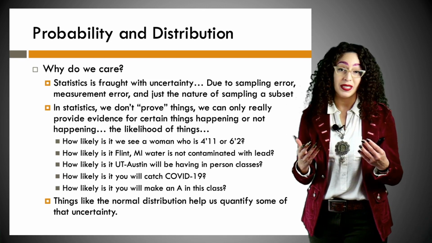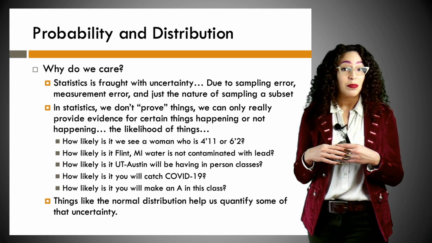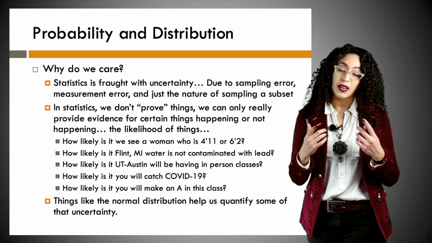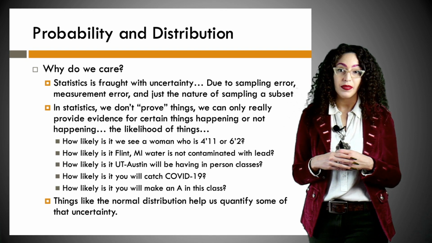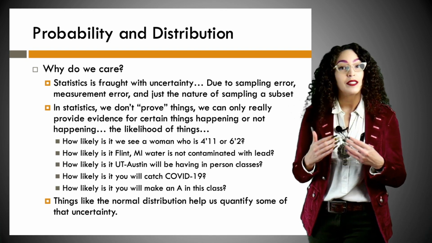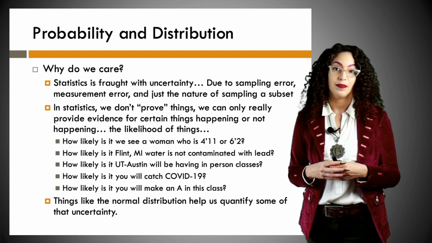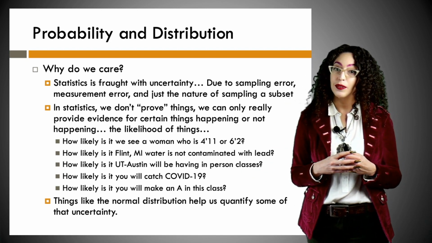Or what's the probability of UT having in-person classes? What's the probability that you catch COVID-19? And how likely is it that you make an A in this class? Things like the normal distribution can help us quantify some of this uncertainty, and that is very powerful.